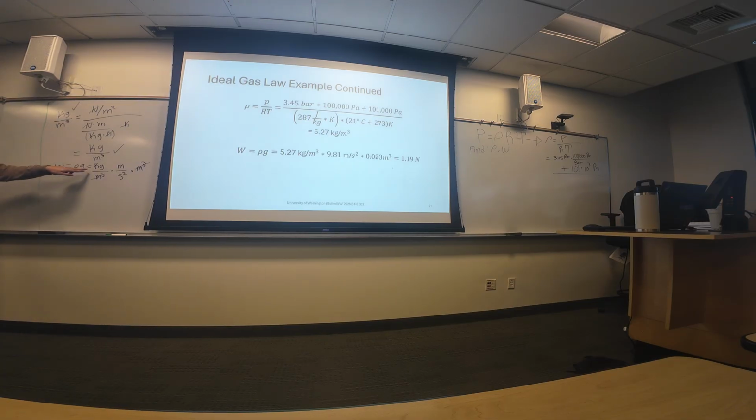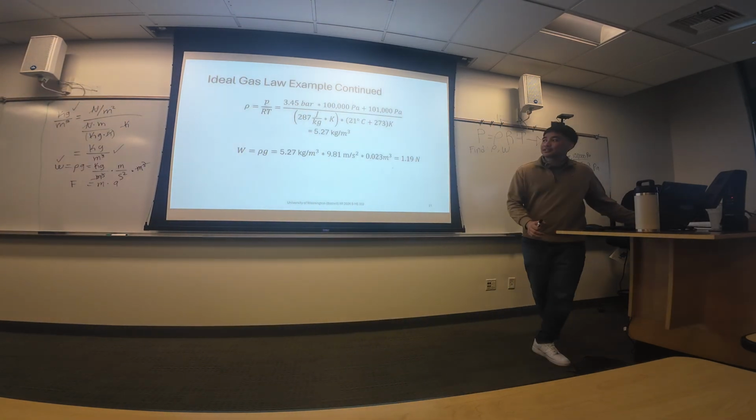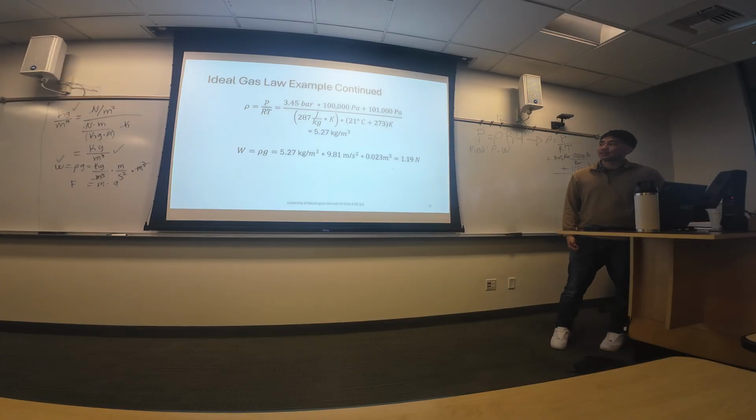You have your kilogram, which is your mass, your acceleration, F equals ma, your favorite equation, and that's your weight, right? So that's your weight. Okay. So just a dimensional analysis example while finding an error in the textbook for ideal gas law.